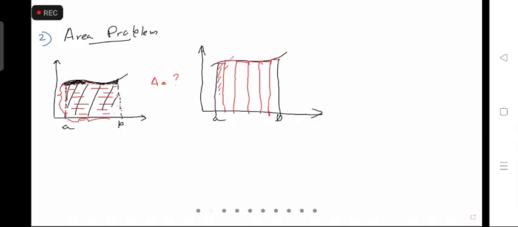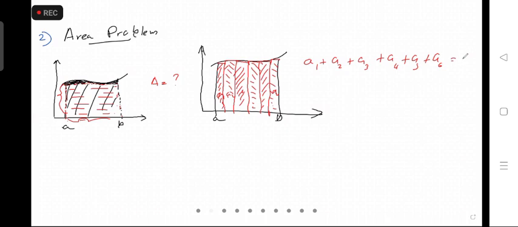Now I can find the area of all these rectangles, and we can add the areas. It would be a1 plus a2 plus a3 plus a4 like that, plus a6.